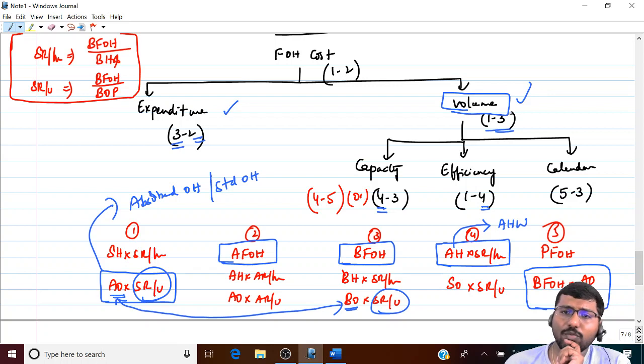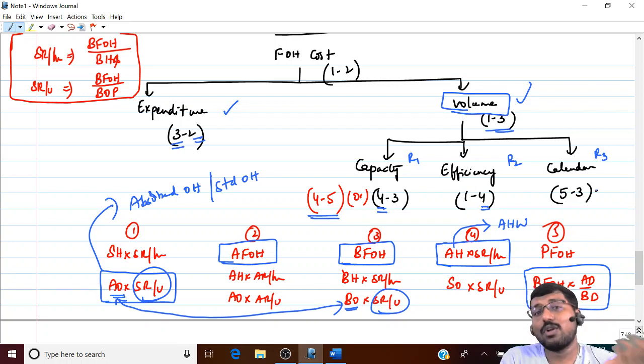Why is there a difference in volume? You have 3 reasons: reason 1 is capacity, reason 2 is efficiency, reason 3 is calendar. Capacity, everybody knows, is a difference in capacity. But then why is there another formula, 4 minus 5? It is because of calendar variance. What is calendar variance? Let's say you have planned your working days in a month as 28. But because of some strike or some calamity in your city, like floods, you were able to work your factory only for 25 days.